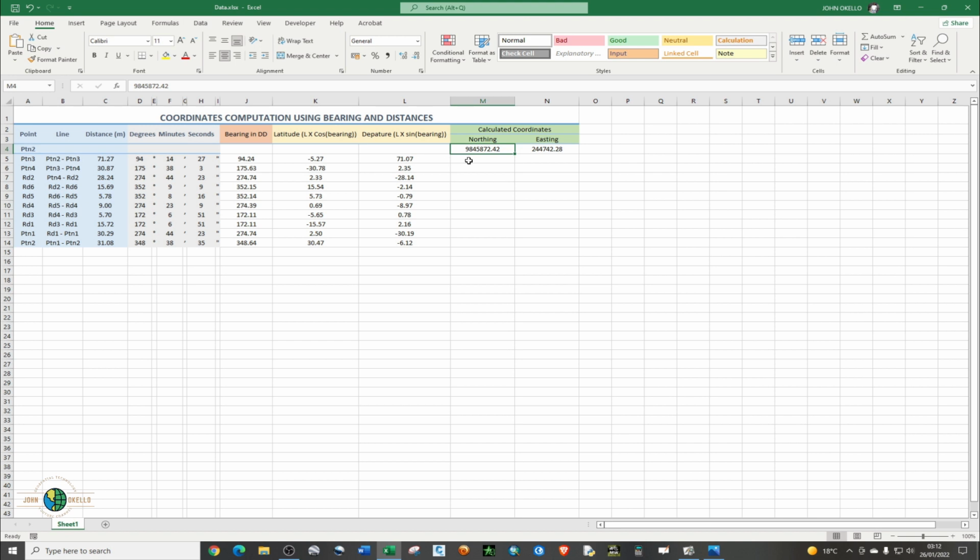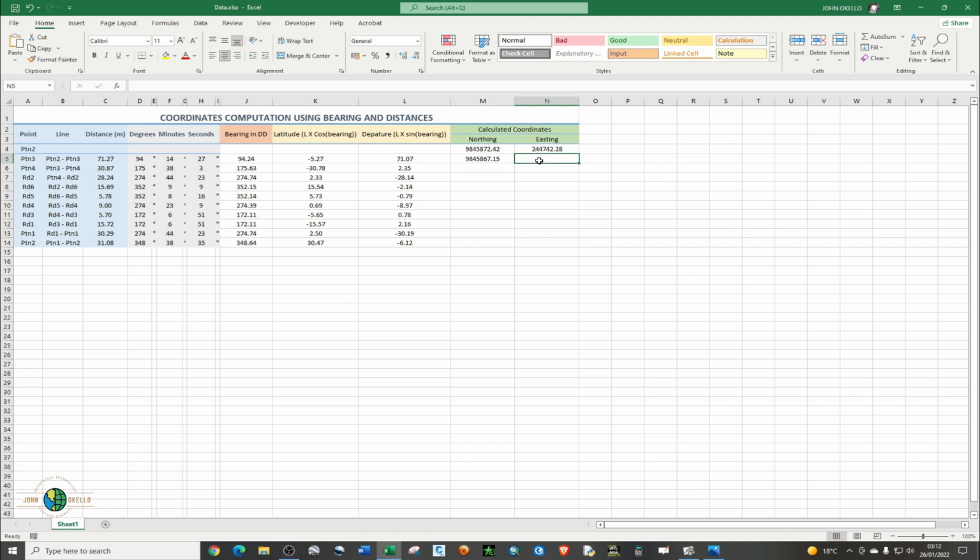So here I'm going to input the formula equals our known northing plus the change in northing, that one. Then you click enter. Simple as that.